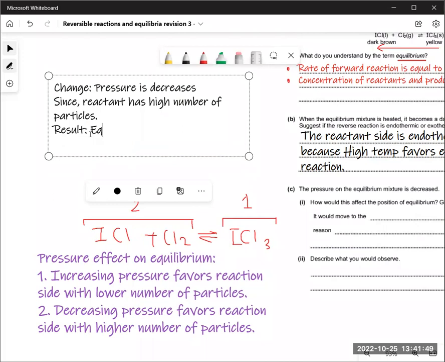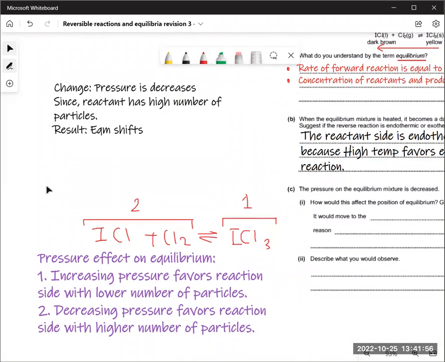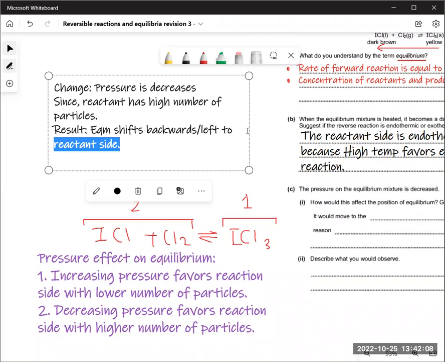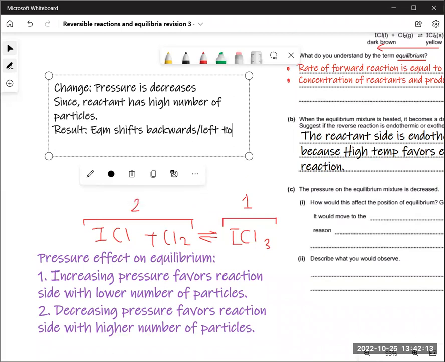Equilibrium shifts to the left side. So equilibrium shifts backwards, or left, to the reactant side. Or let's just say, to favor the reactant side.